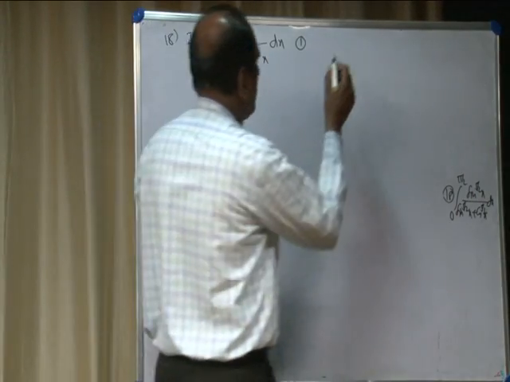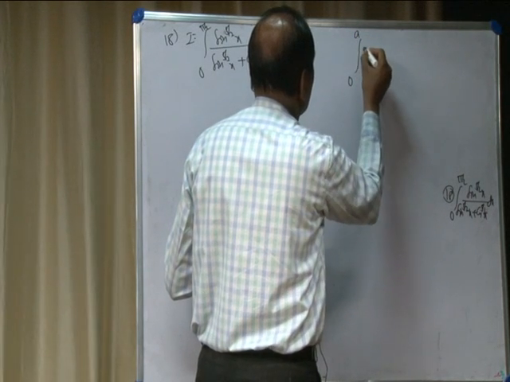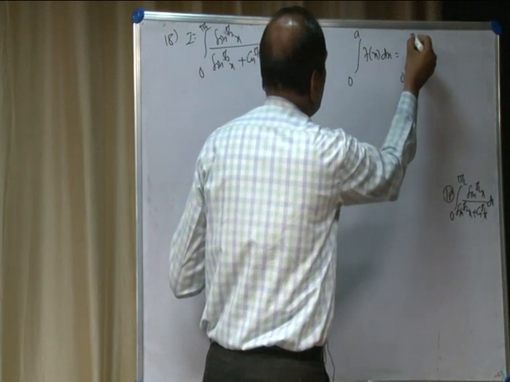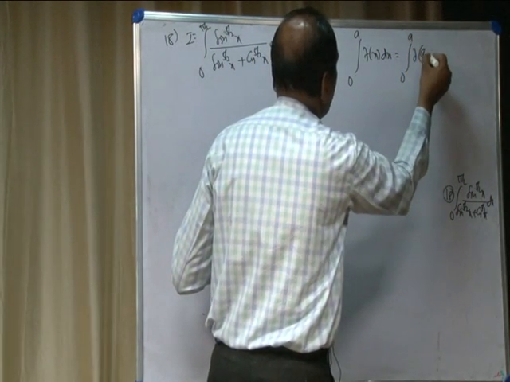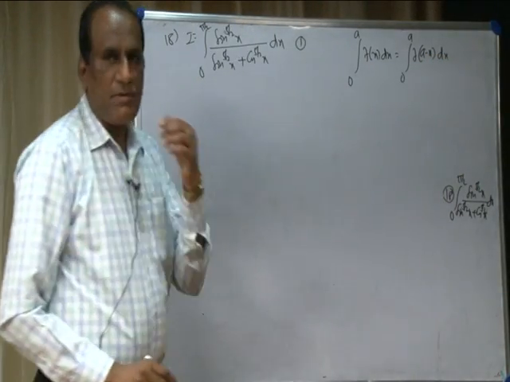Now, what is the property? See here, integral from 0 to a of f of x dx is equal to integral from 0 to a of f of a minus x dx. So, apply this property.